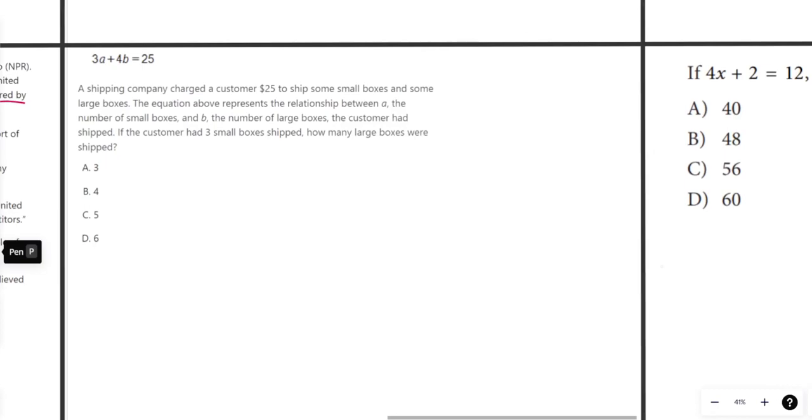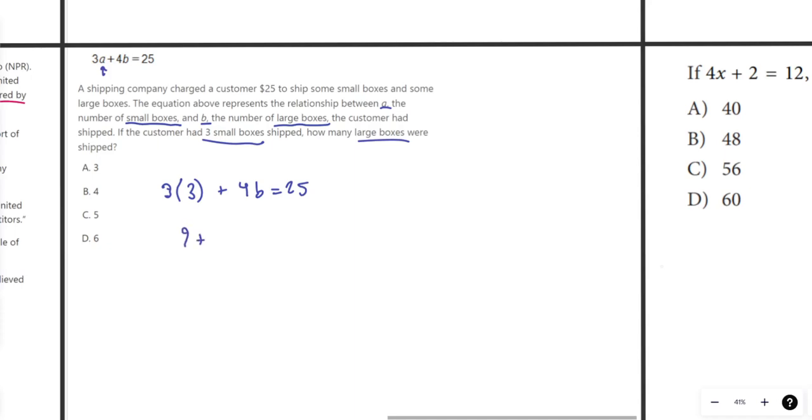We have another math question. It says here, if the customer had 3 small boxes shipped, how many large boxes were shipped? Well, looking at the equation that I have here, I see that A is the number of small boxes and B is the number of large boxes. So if we shipped 3, 3 times 3, plus 4B equals 25, we'll substitute in 3 for the number of small boxes.